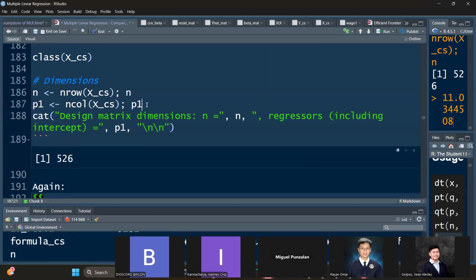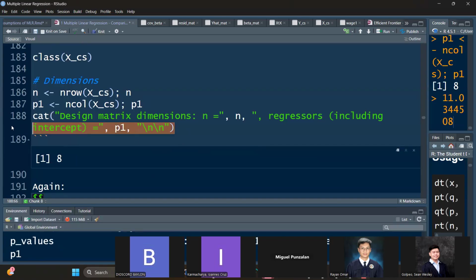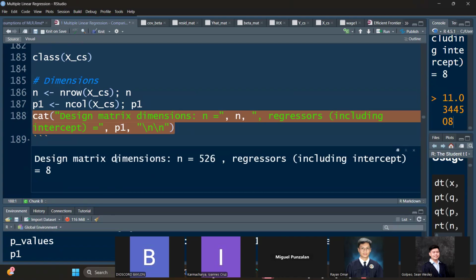Print P1. So there are 8 columns, including the intercept, the first column, and then your 7 predictors. And we can print this, our design matrix dimensions: N is equal to 526, then in quotations, comma, regressors including intercept, is equal to P1 for it to print.